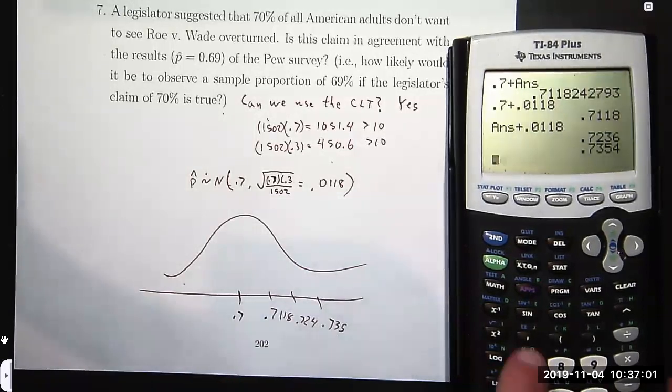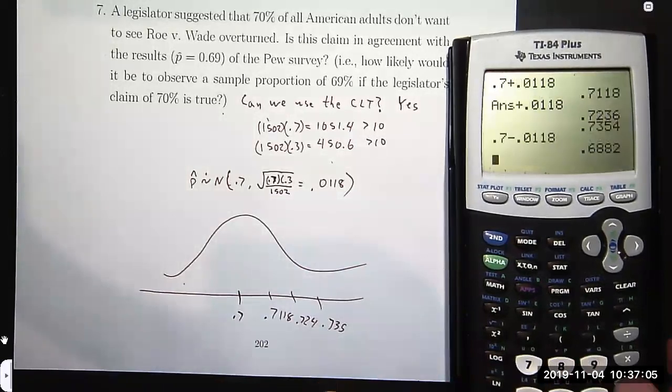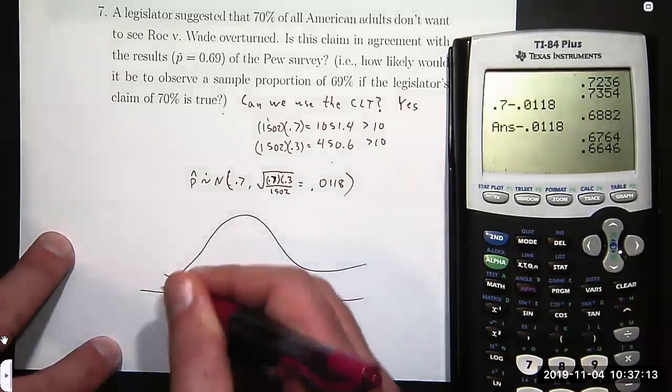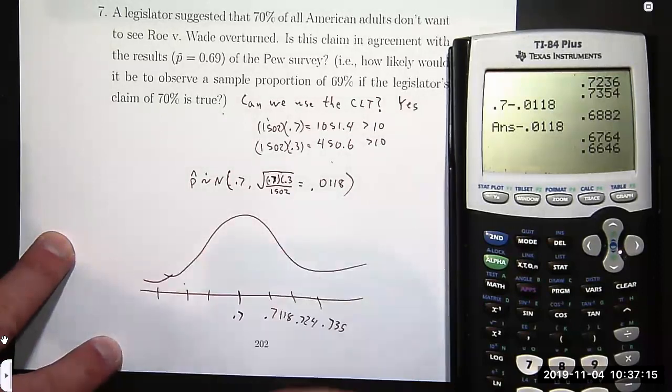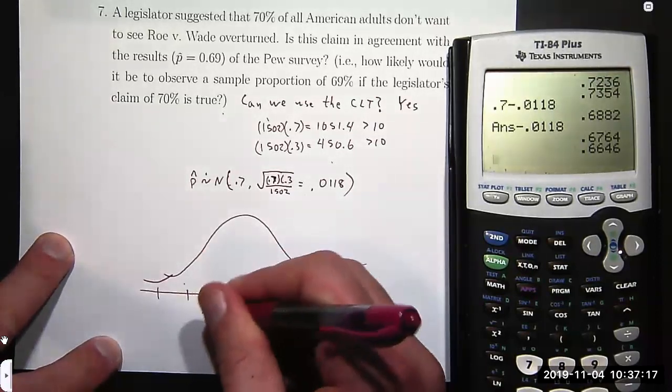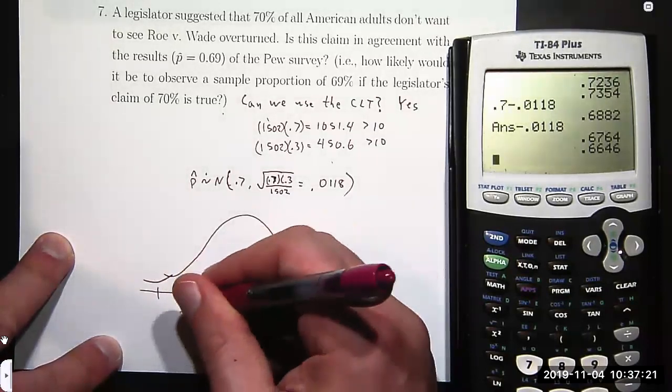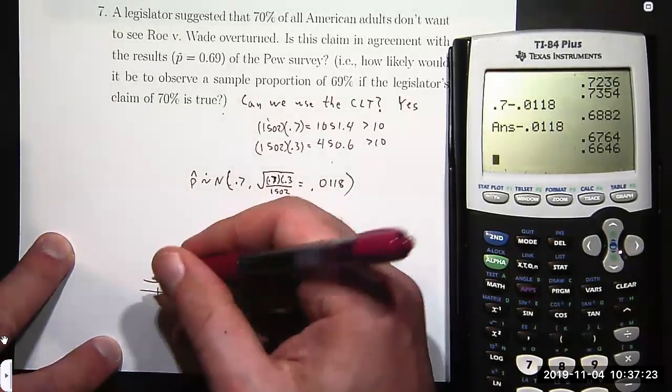And then subtract this off. So we've got 0.688, 0.676, 0.665.